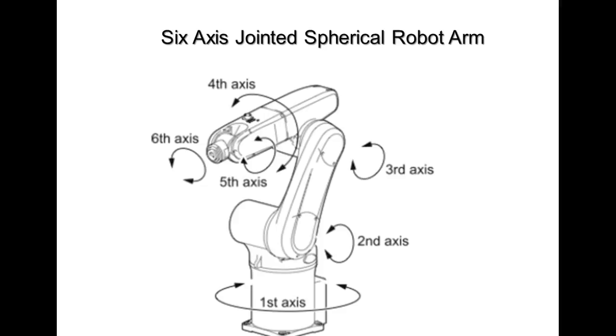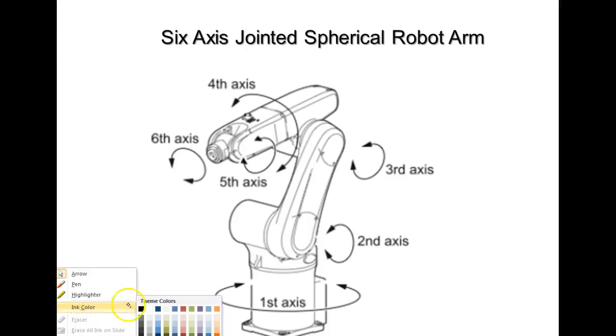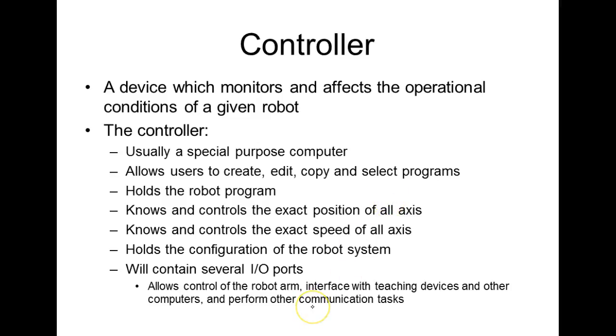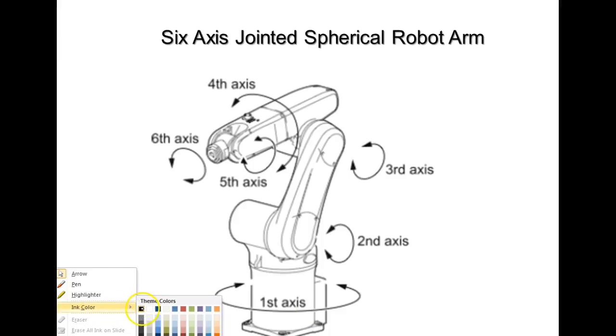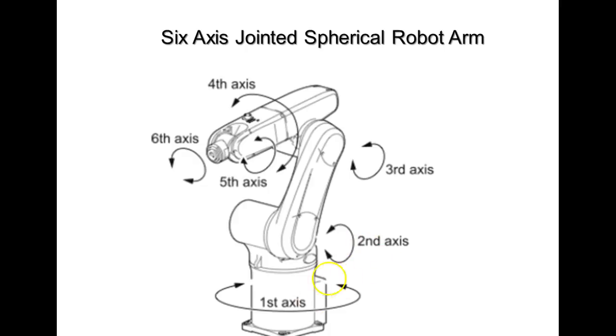Some people call this the shoulder, even though it takes 2 to get the shoulder. Also, we have different names. We can call it an axis. We can also call it a joint. And it's also called a degree of freedom.